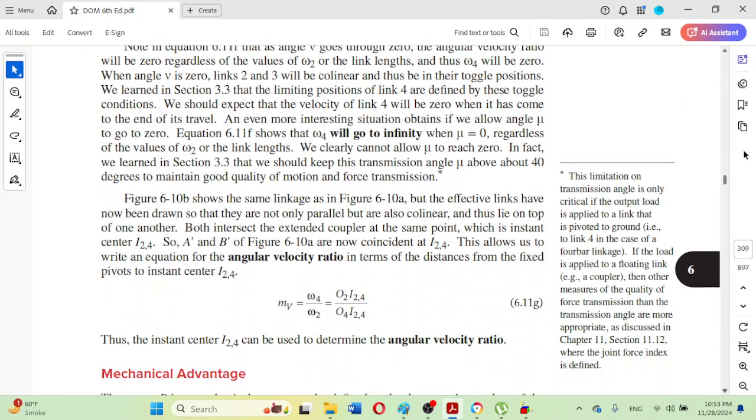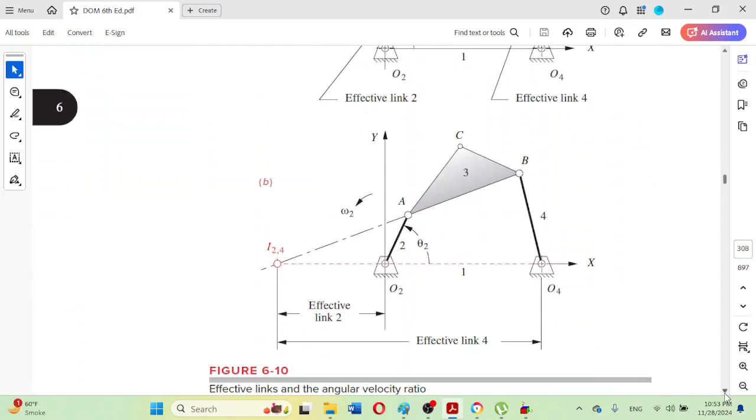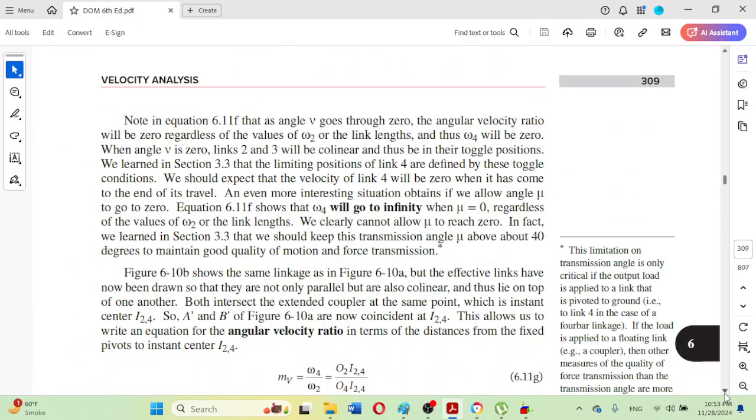On the next page, the author states that there is a fourth way of calculating that. Here it says, note in equation 6.11f that as the angle V goes through 0, the angular velocity ratio will be 0 regardless of the value of omega 2 or the link length. Let us explain this statement.